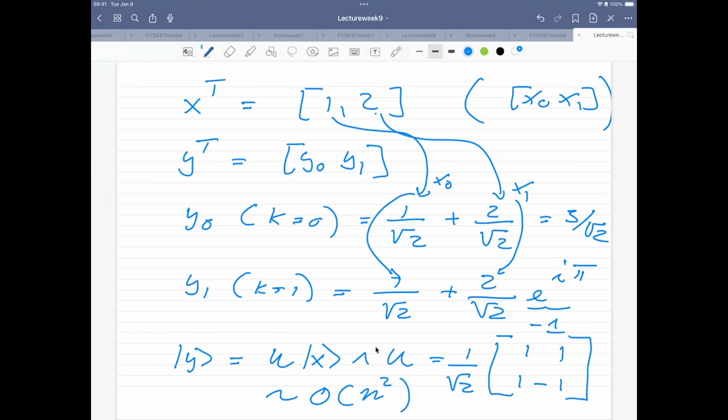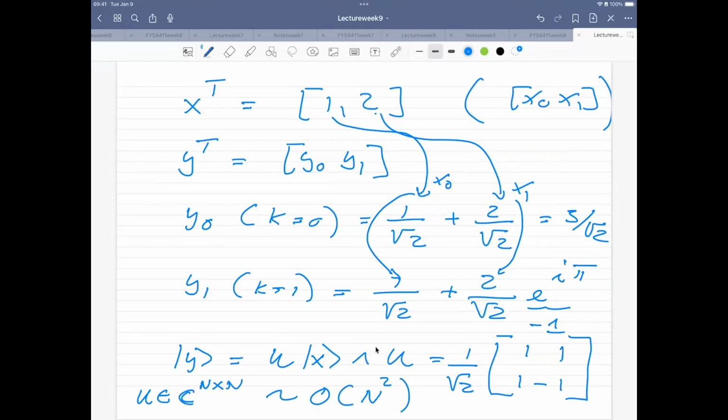Now I should be a little bit careful here. I'm going to change the notation because later I'm going to use little n for the number of qubits. So in this specific case, U is a matrix which is assumed to be complex, which has dimension n times n.